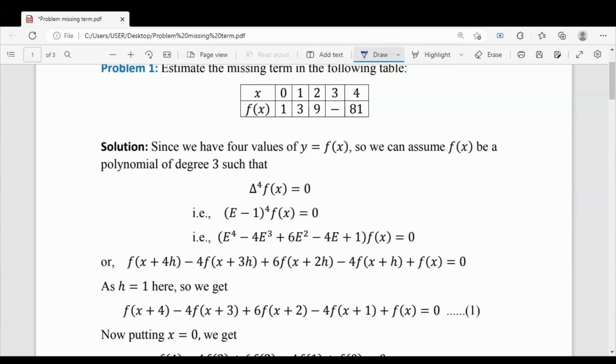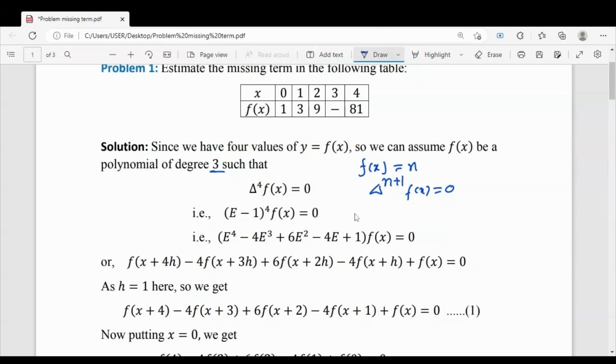So by the fundamental theorem of difference calculus, we can write delta to the power 4 f(x) equal to 0. As we know, if f(x) is a polynomial of degree n, then delta to the power n plus 1 f(x) equal to 0. Since f(x) is a polynomial of degree 3, delta to the power 4 f(x) equal to 0.